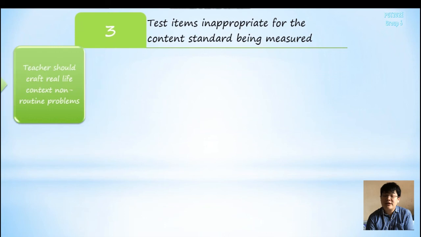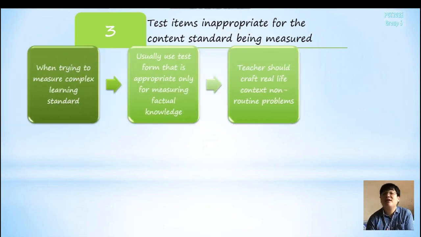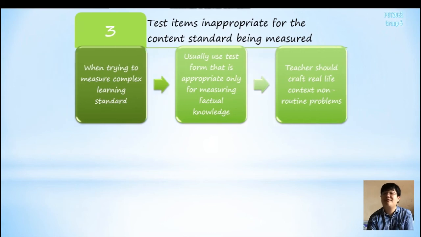And usually, the test form that the teacher creates is only appropriate for measuring factual knowledge. It is not suitable to test HOT questions. So a test item that is inappropriate for the content standard is also not valid in terms of the content of the test.